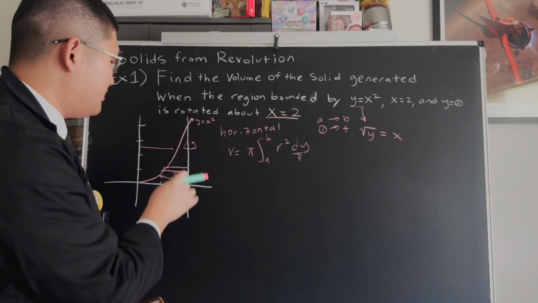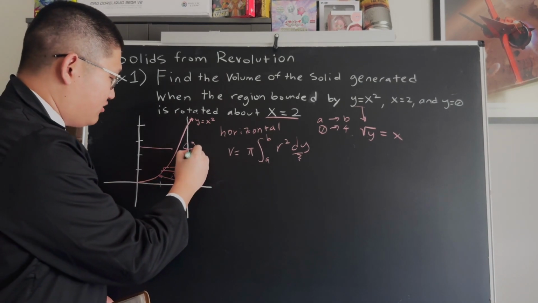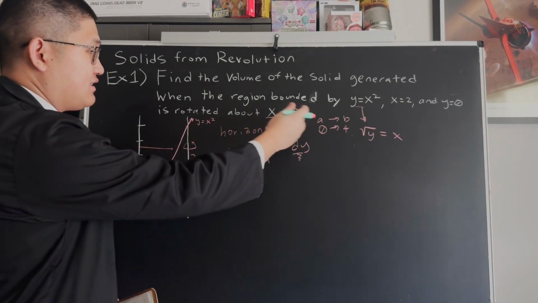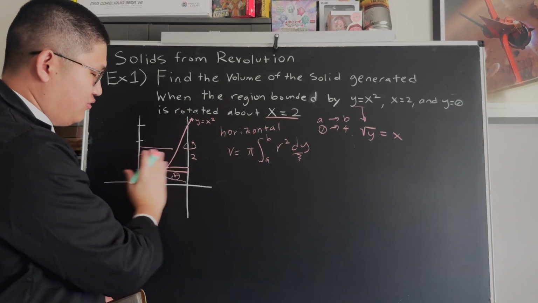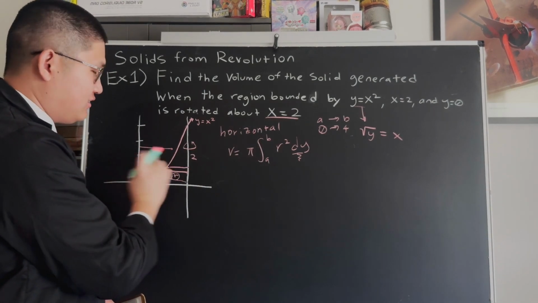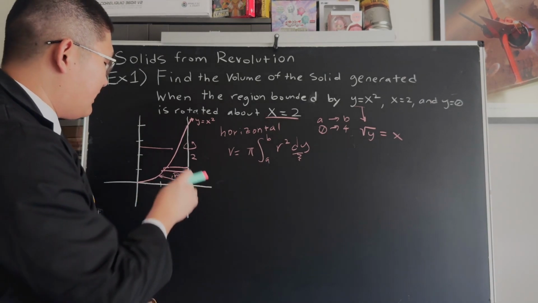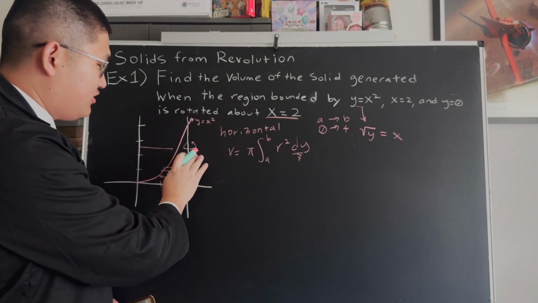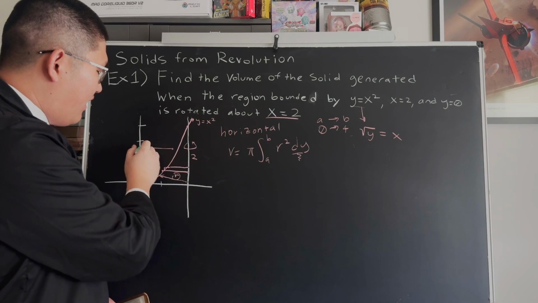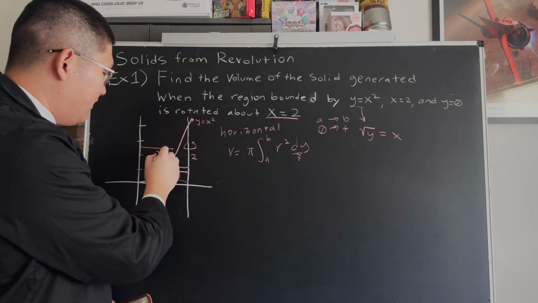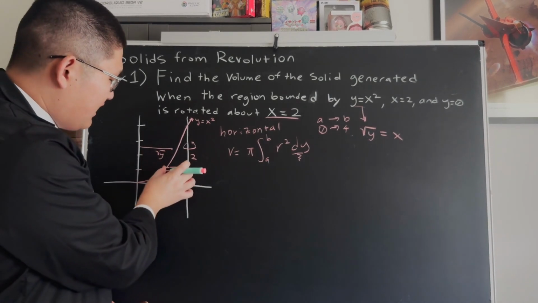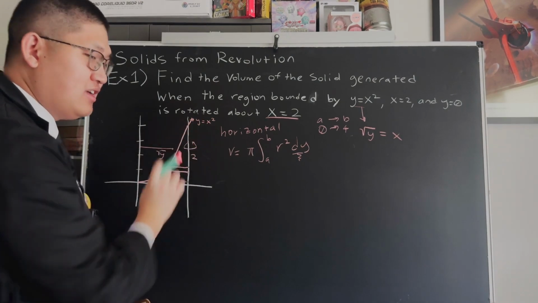What is useful to us is knowing that we have a distance of 2. That's a solid distance of 2 because x is equal to 2, a distance of 2 straight from the axis all the way to that line. So we have that full distance of 2, but then we need to take off the square root of y from it so that all we're left with is that section that we want to use.